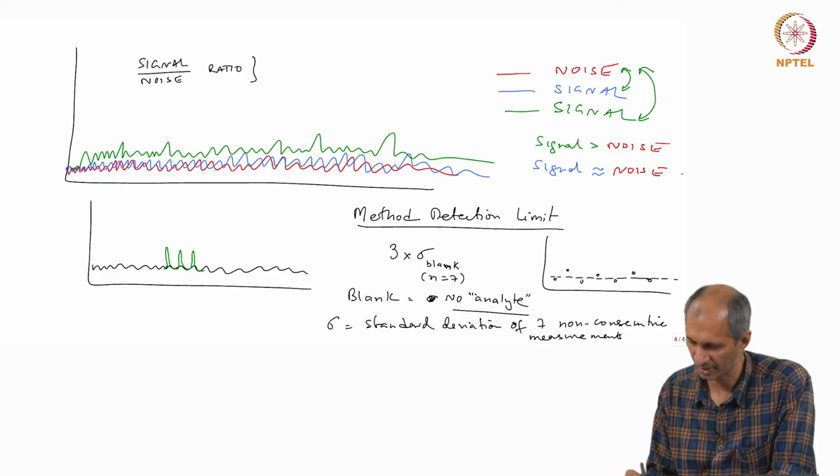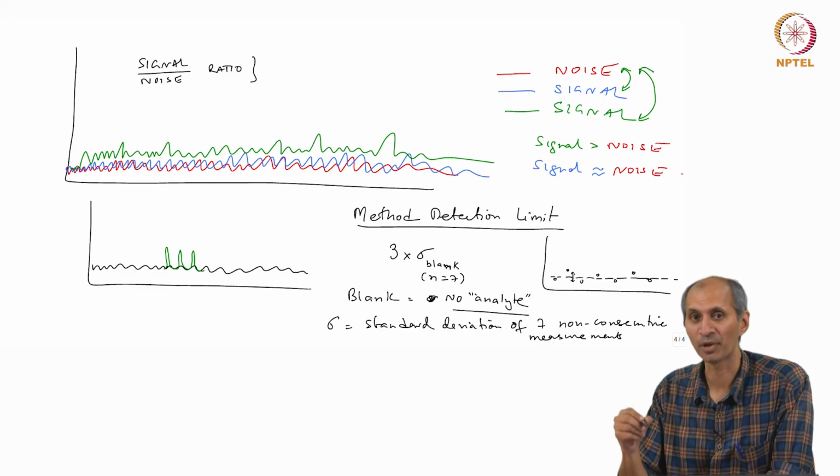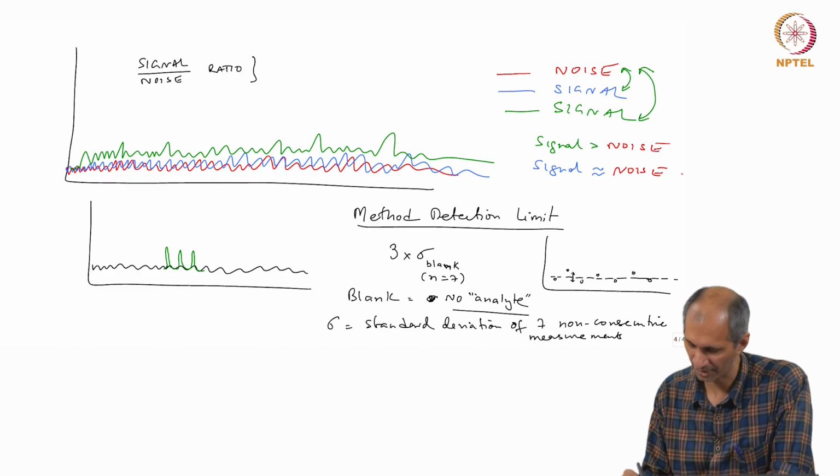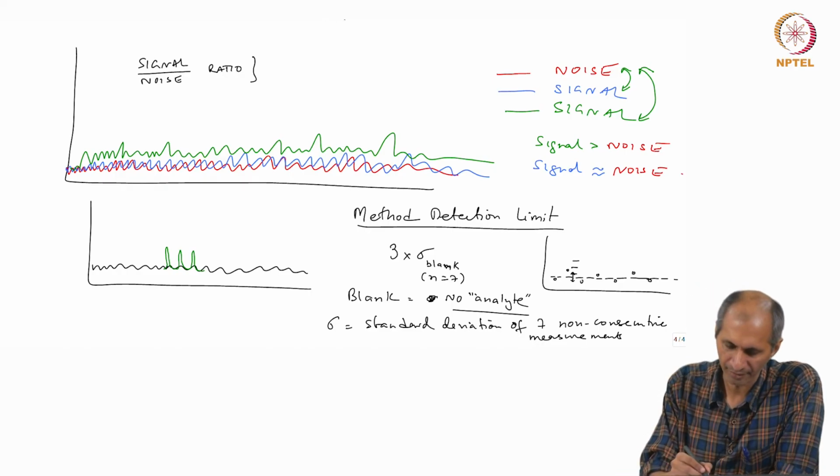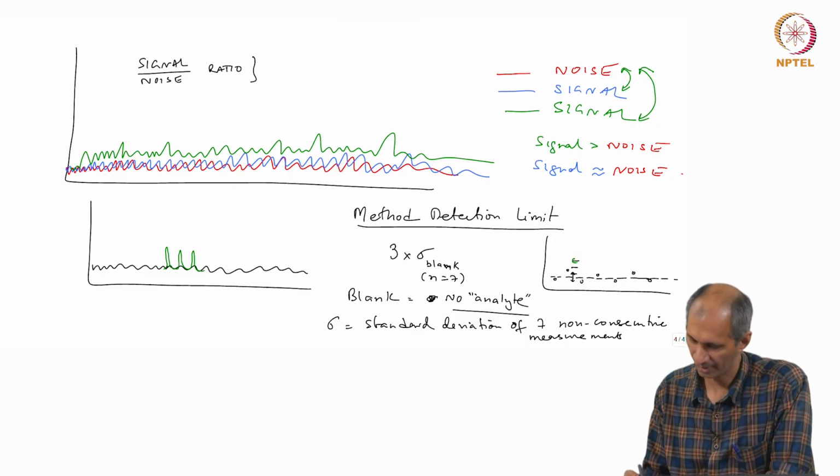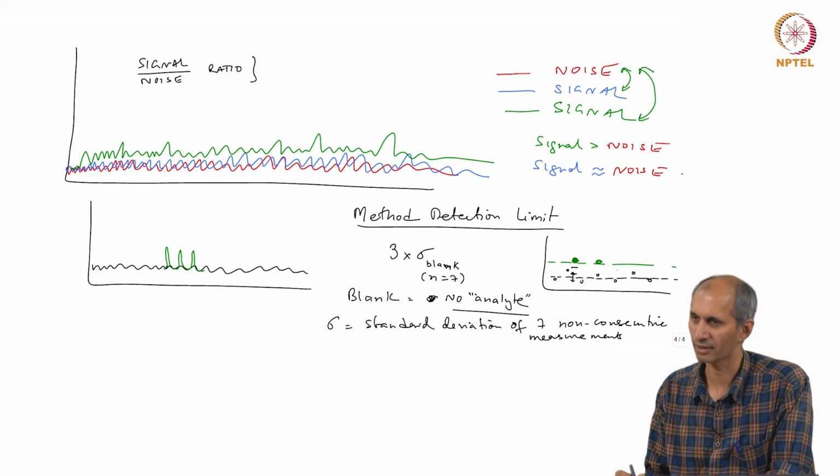The standard deviation is some measure of the spread. Now we are going 3 times above this spread. So, if this is the spread, second, third. Only if you have a signal that is somewhere around here, we take that as the signal.